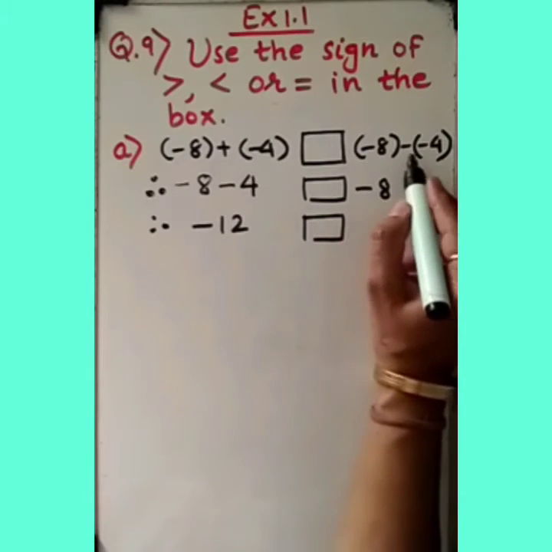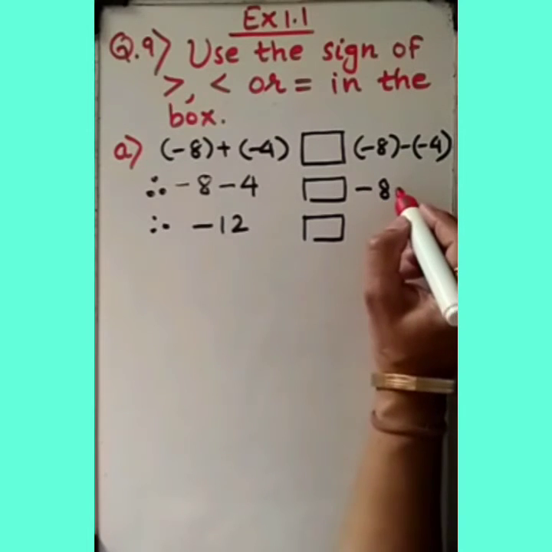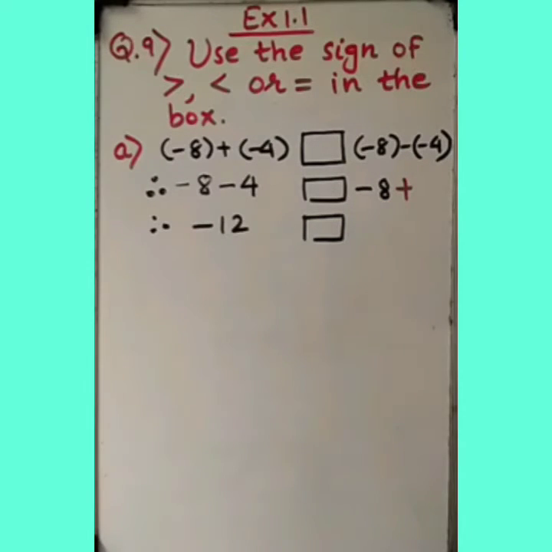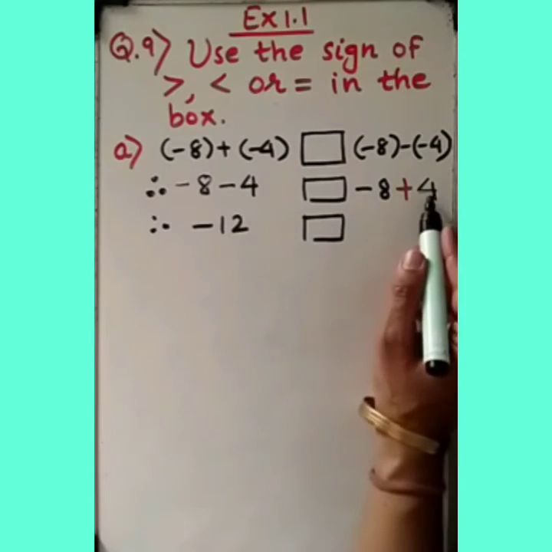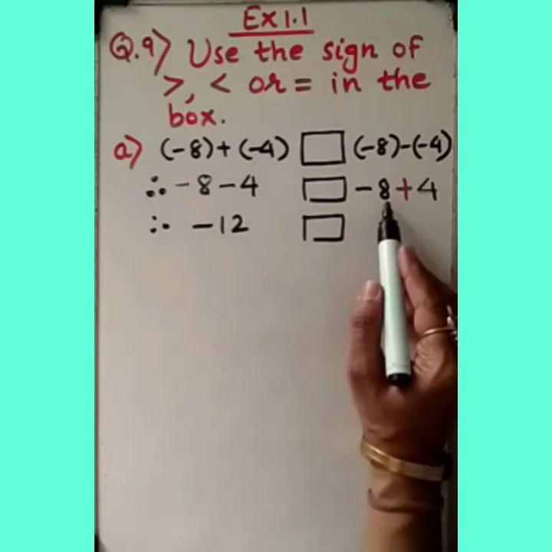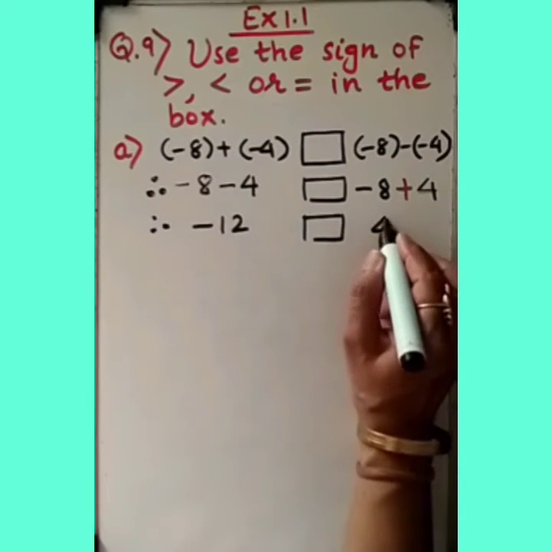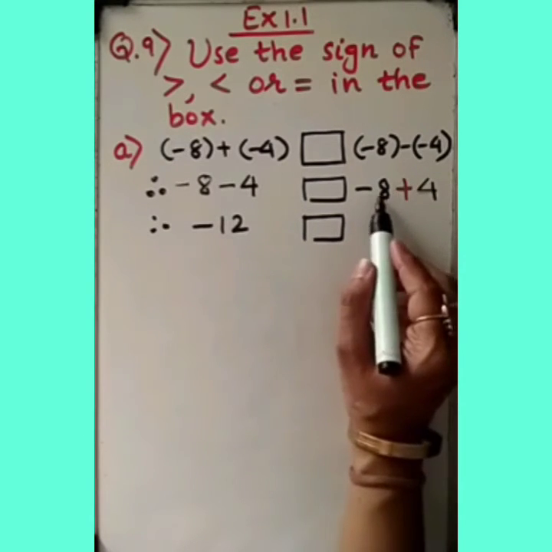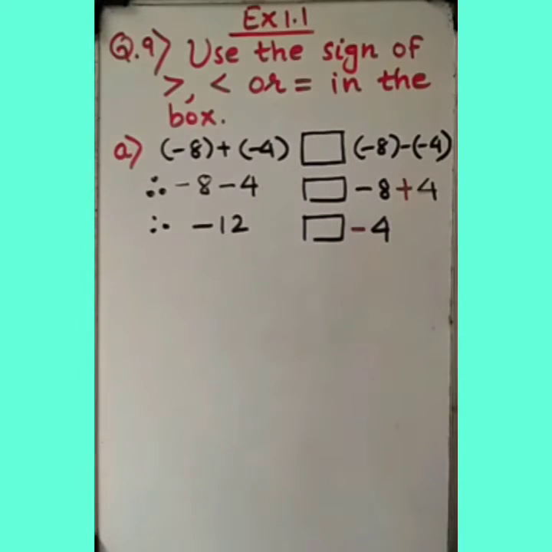Same thing here: minus minus will be plus. And we know opposite signs mean subtraction, so subtract the small number from the big number, and it gives the result 4. But because the big number's sign is negative, here it will be negative.